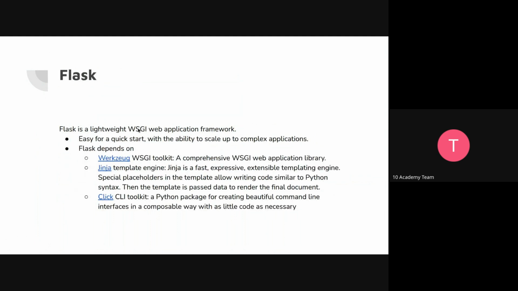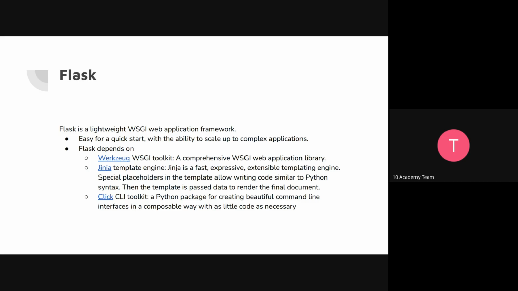So, similar to FastAPI, Flask is a framework for Python. It's a lightweight WSGI application framework, whereas FastAPI is built on Starlette and is an ASGI framework. So there is a difference here. It's easy to start with, and it's not going to be complicated.